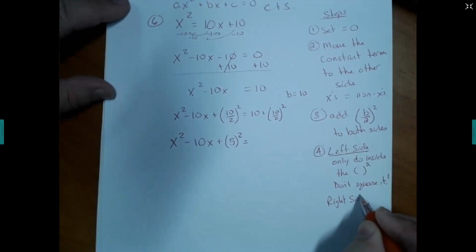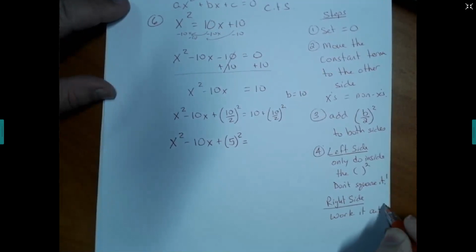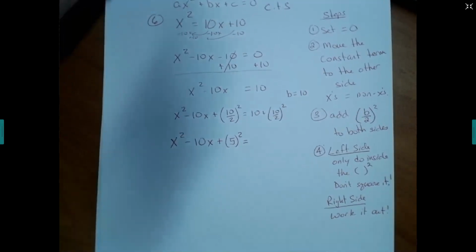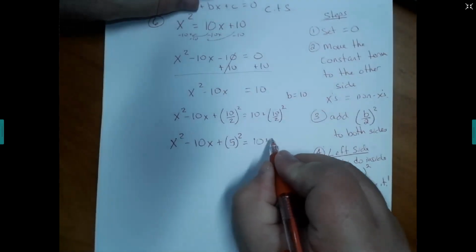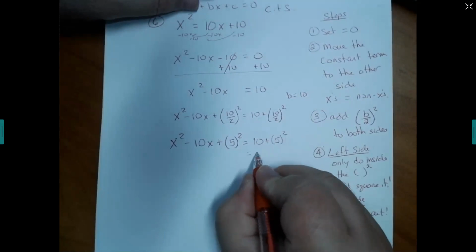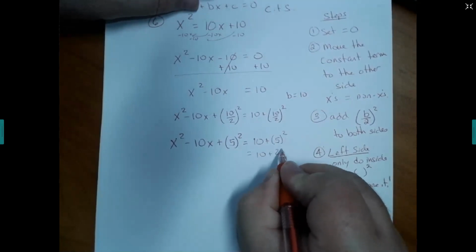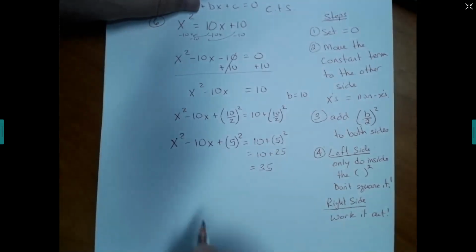On the right side, work it all the way out. 10 divided by 2 is 5. 5 squared is 25. It was 35.